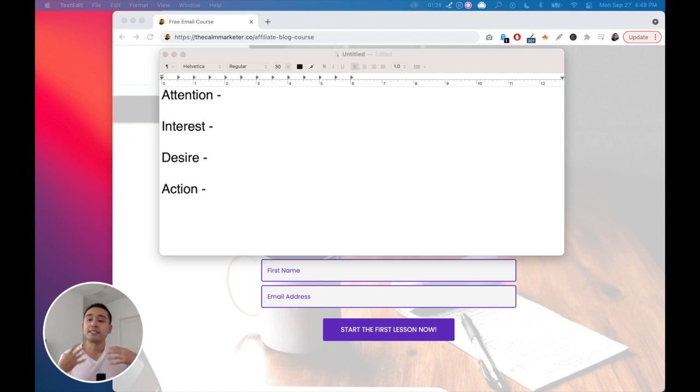And one of them is the AIDA formula. And I read not only the Copywriting Secrets book, but just different blog articles. And I think it was also Russell Brunson's books as well that talked about the AIDA formula. I think I forgot one, but it's one of those three in the trilogy.